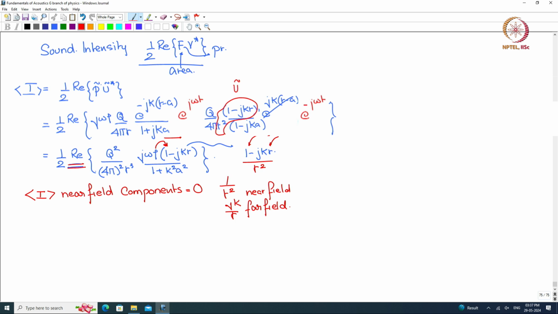The average near field component is 0, whereas the far field is accounted for. The j and the j give j square, which is a real number. Then when I choose the real part, that gets chosen. So the far field components give non-zero power.